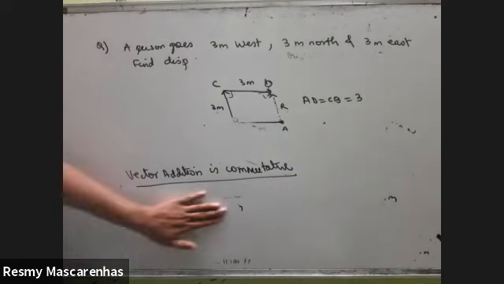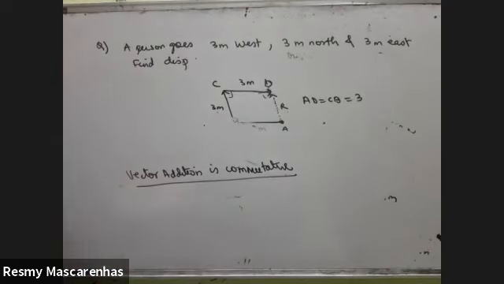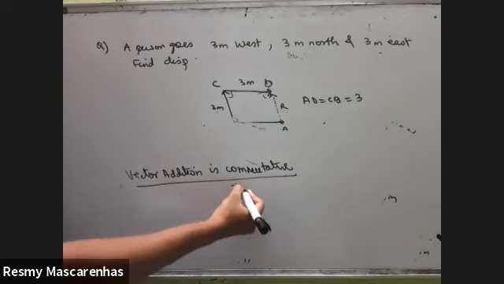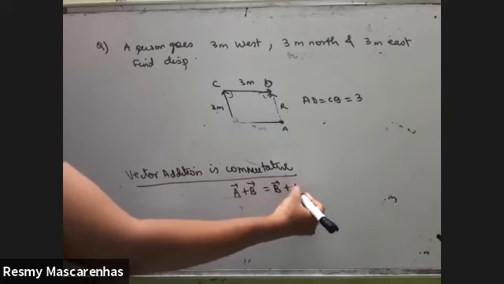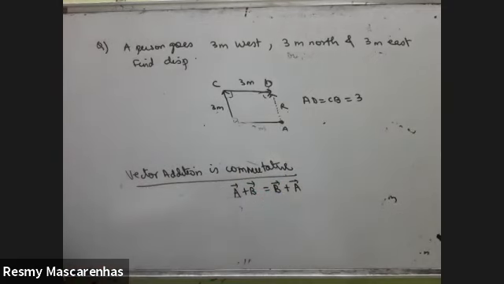Commutative means always A plus B is the same as B plus A. Now we'll check. This is the main thing given.